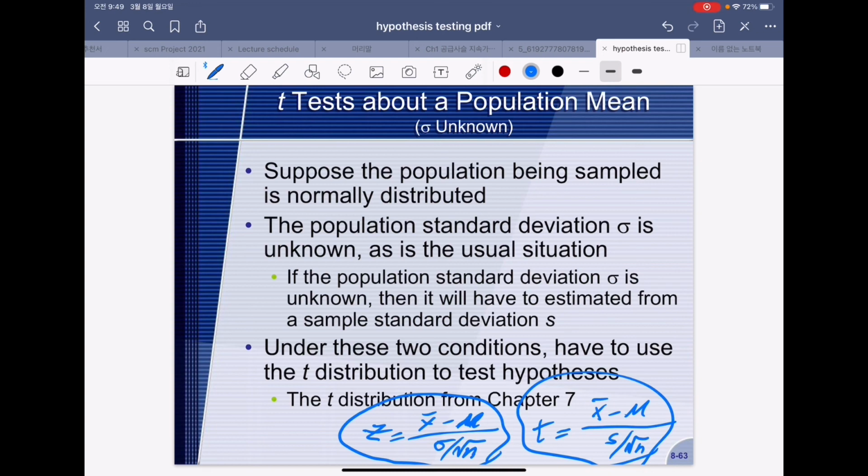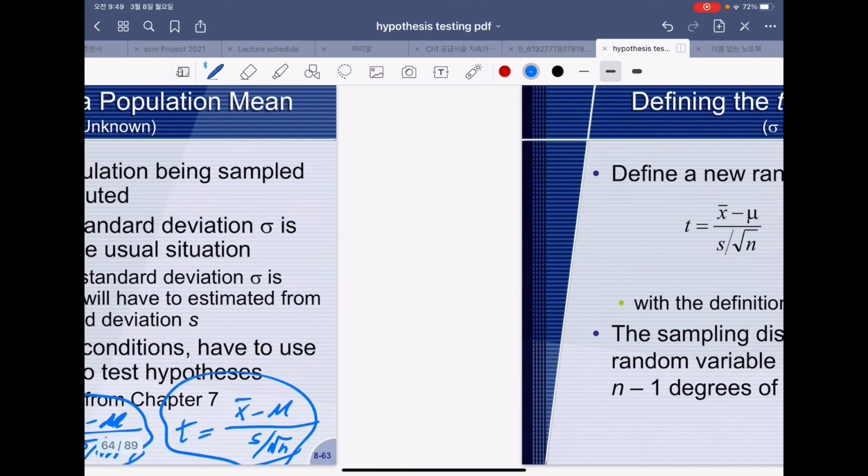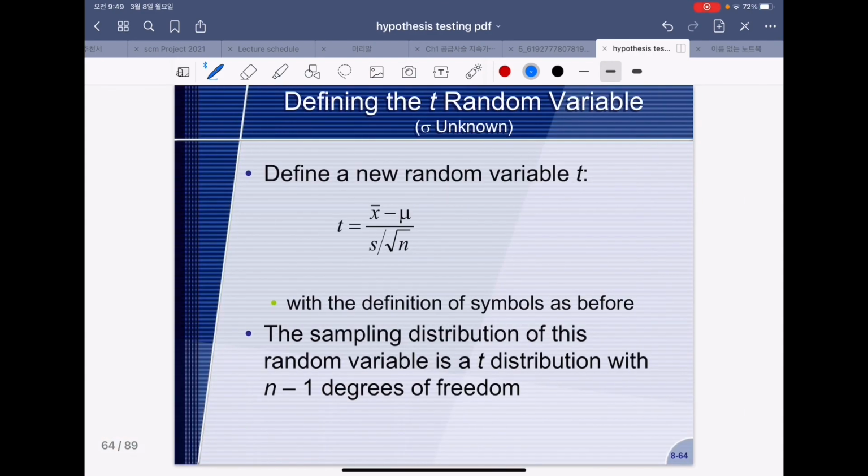But it is slightly different from the standard normal because T depends on the degrees of freedom. So this one is T, okay?